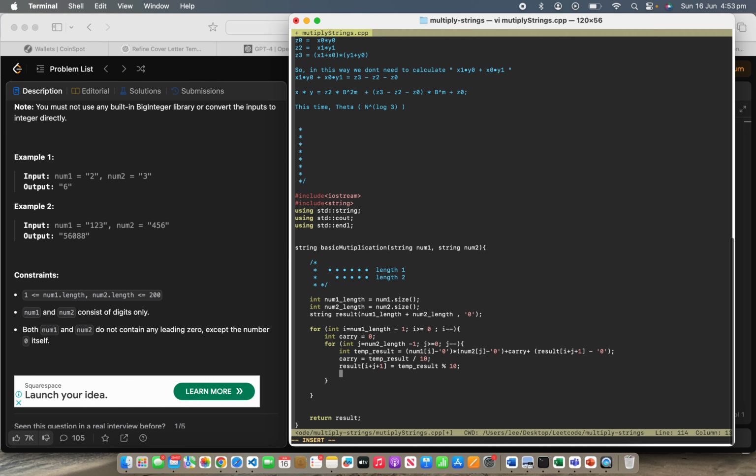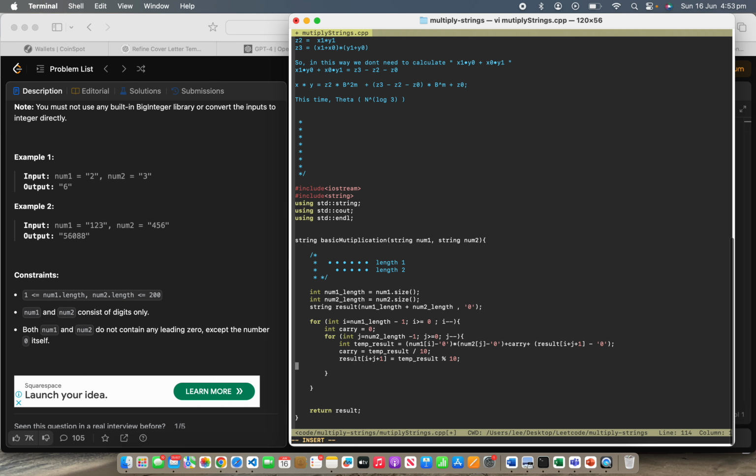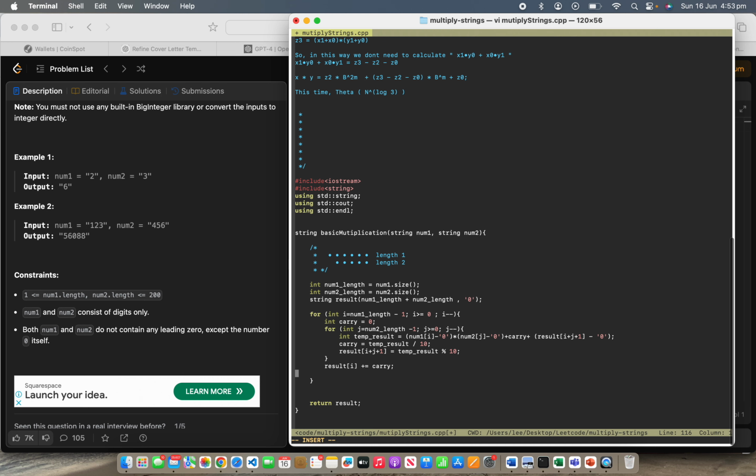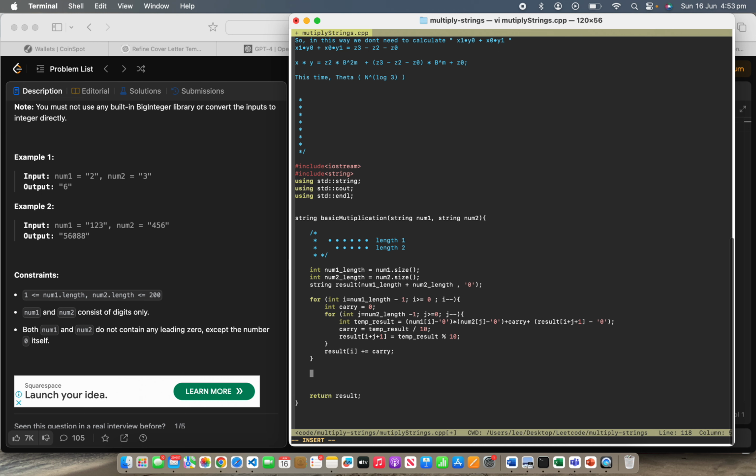And then we're going to do result. Okay. So we basically finalized the most important part of the multiplication, I believe.